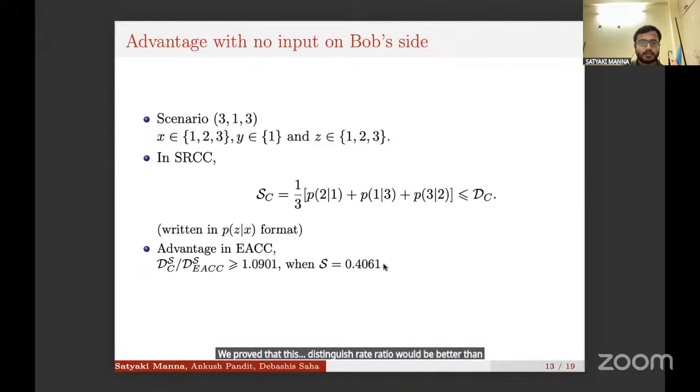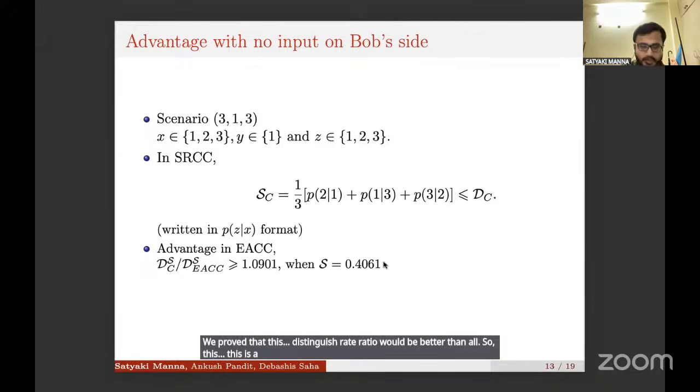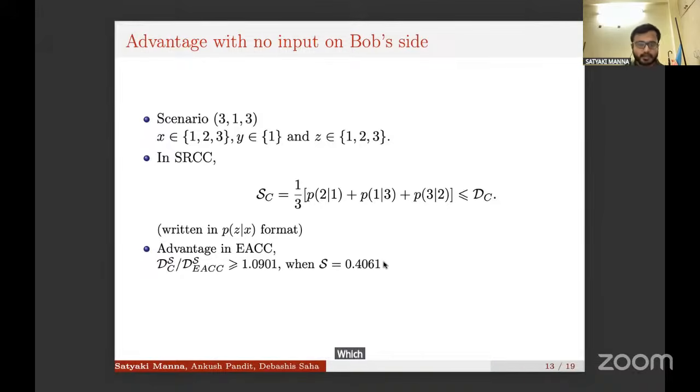So this is a counterintuitive result, in the sense that without Bob having any input, we can get quantum advantage, which is not possible without the entanglement assisted task.